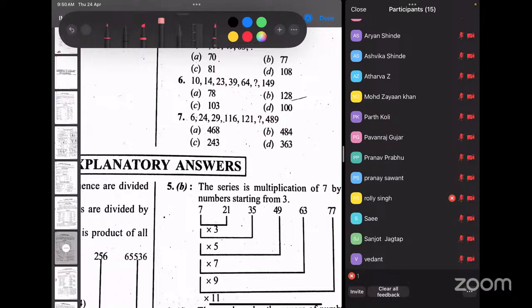What will be the answer for 7th? 6, 24, 29, 116, 121, and 484. Sir, option number B, 484. How? Sir, by multiplying 121 into 4.